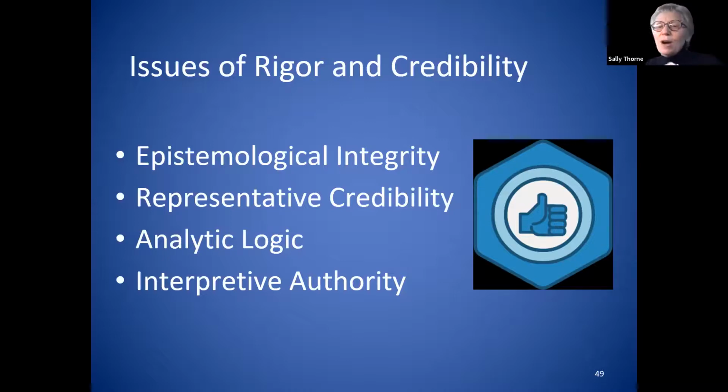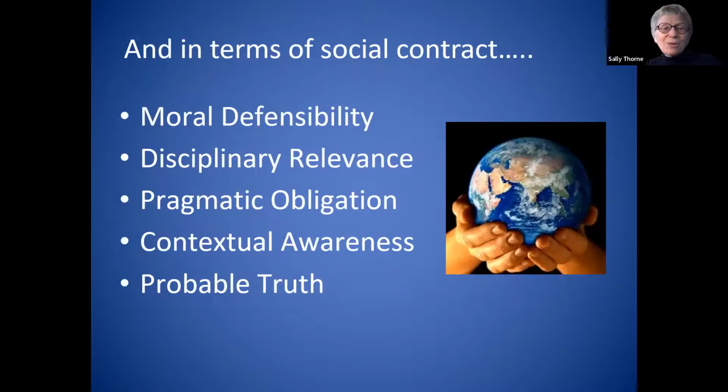Does it show a representative credibility? Do I speak intelligently about what can be learned from the subset of the universe that I've been able to capture? Have I shown my analytic logic? And when I interpret this, have I done that with an appropriate level of authority, given who I am and how I've engaged with this work?